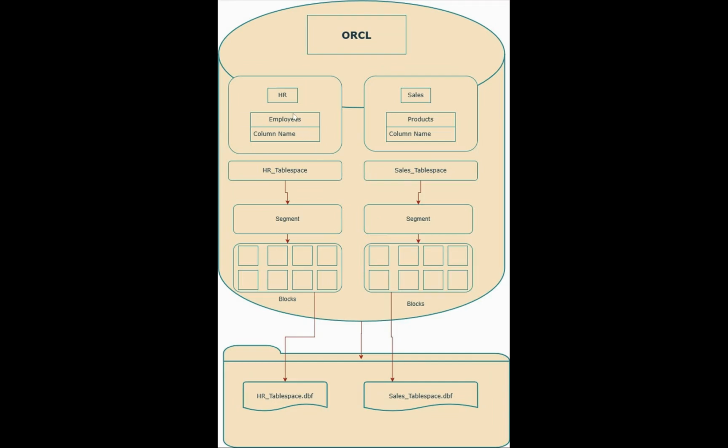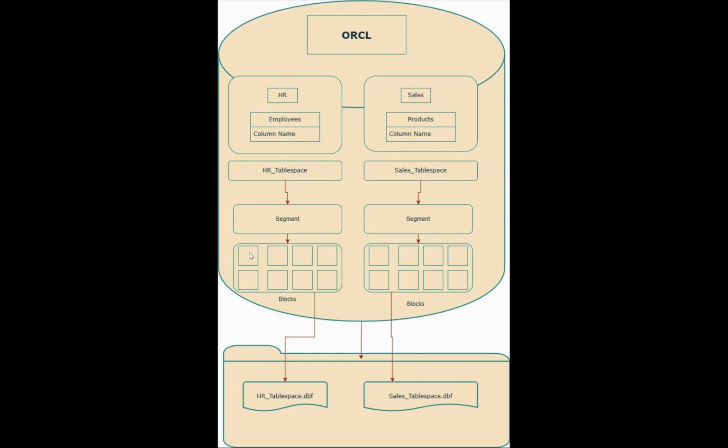So when we create a table and insert the data into the table, it goes to the tablespace, and then it finds and allocates a segment. The segment will have one or more extents. Each extent will have a set of blocks, and as I mentioned, a block is the least memory unit where the data gets stored.